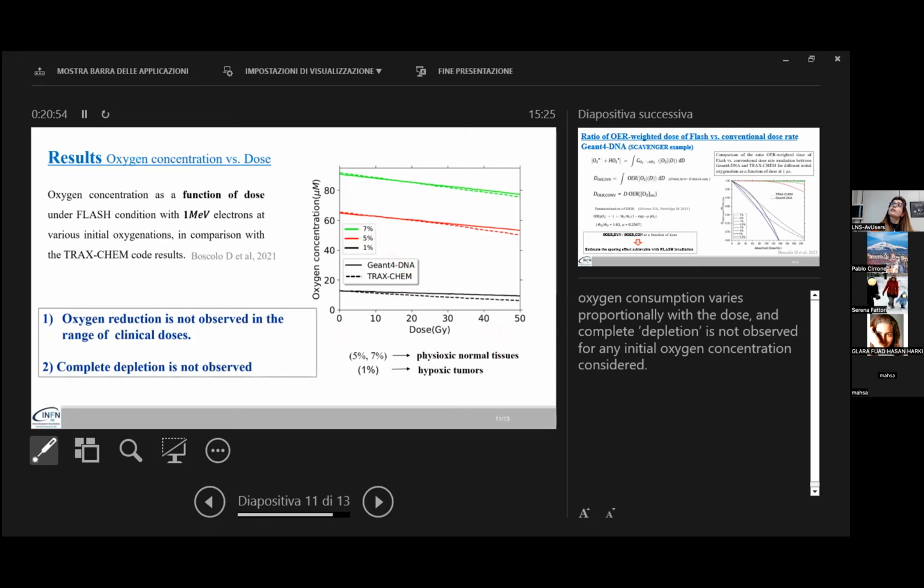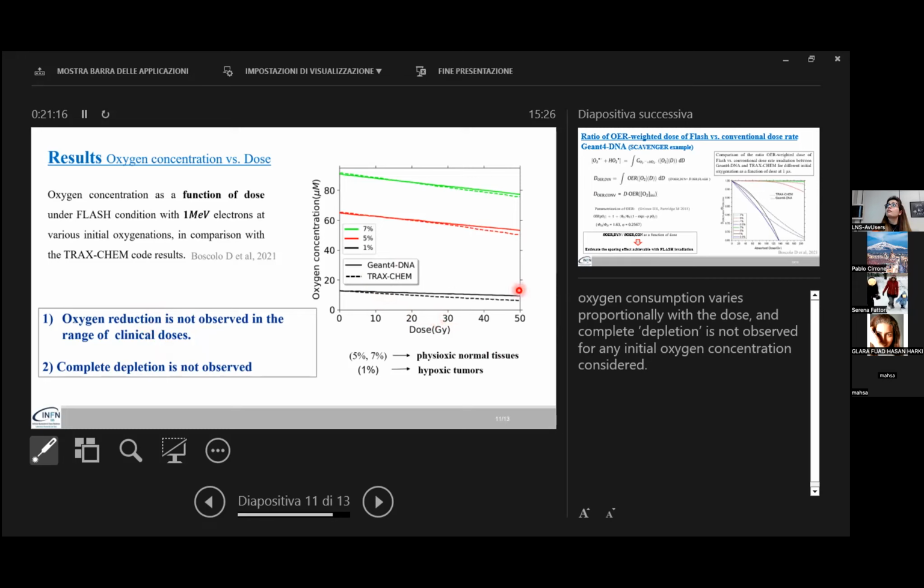As you can see, for all of the initial oxygen concentrations, you can't see any oxygen depletion in the clinical range, because the clinical range is between 20 and 30 gray.